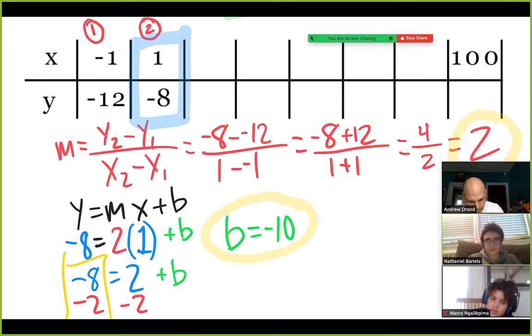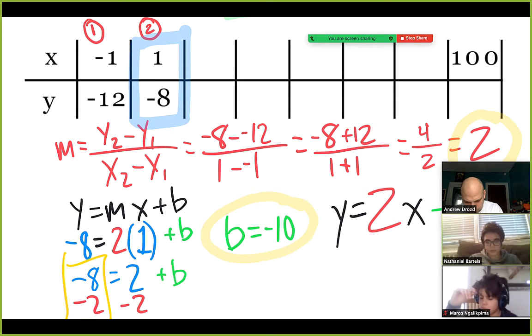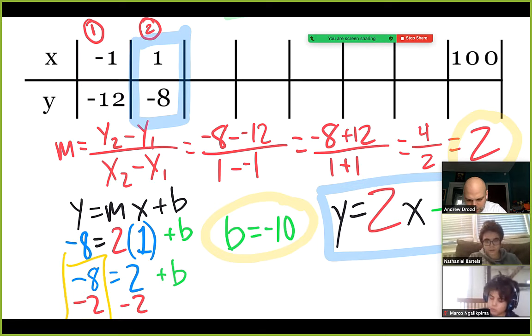You're killing it. We now have got our rule, which we know is y equals, what's the slope again? 2x minus 10. All right, so we just figured out our rule, and so we're not going to fill in all these values right now. Instead, what we're just going to do is figure out what y is when x is 100.